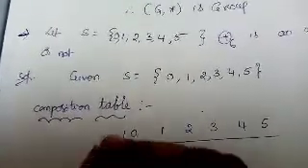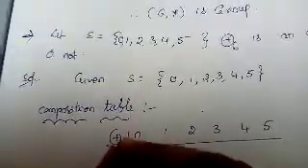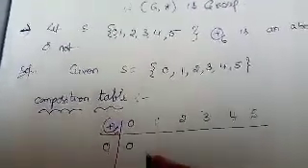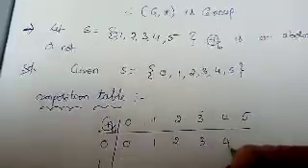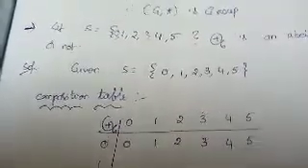So 0 here, what is here? Addition modulo 6: 0 plus 0, and then here 1, 0 plus 1, 0 plus 2, 0 plus 3, 0 plus 4, and 0 plus 5.